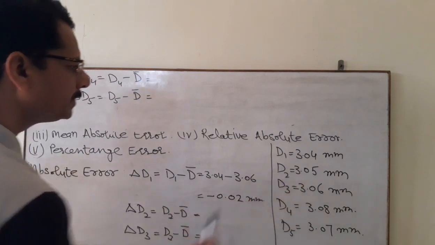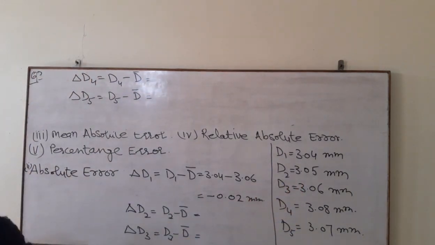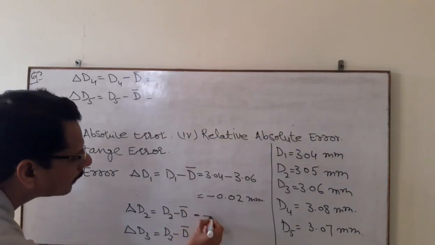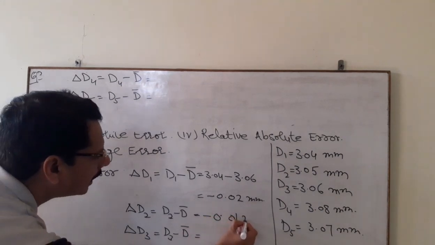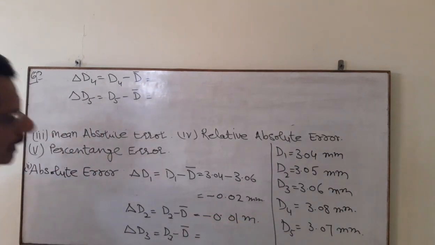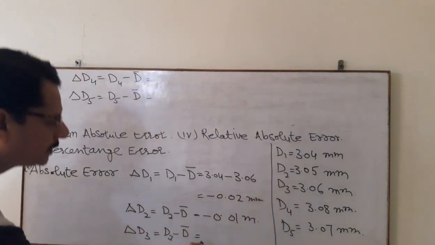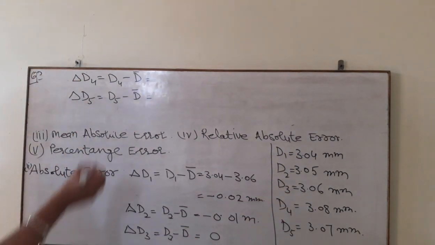D2 is 3.05, right? So that will be minus 0.01 mm. D3 is 3.06, so this will be 0.